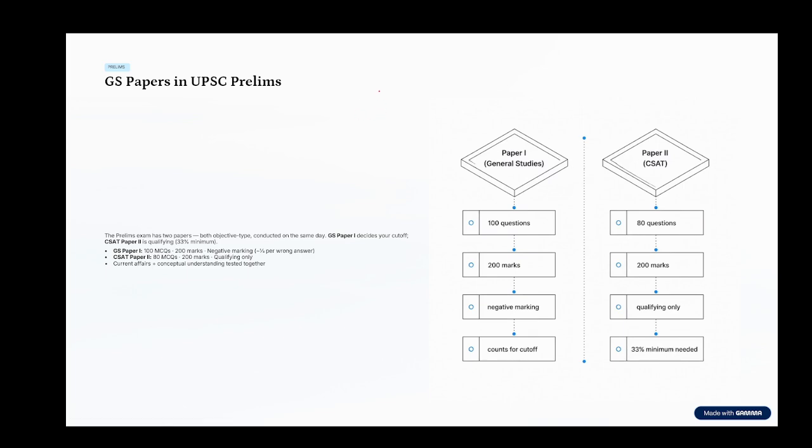So how will these be in prelims? In prelims we have the GS first paper, right? Where we have 100 questions, each question carries 2 marks, that means 200 marks. There will be negative marking and it will count for cutoff, right?